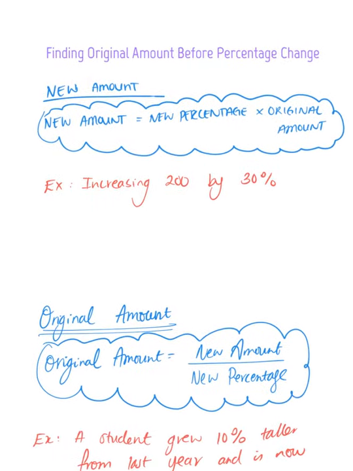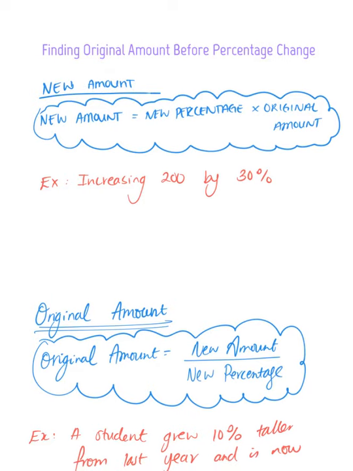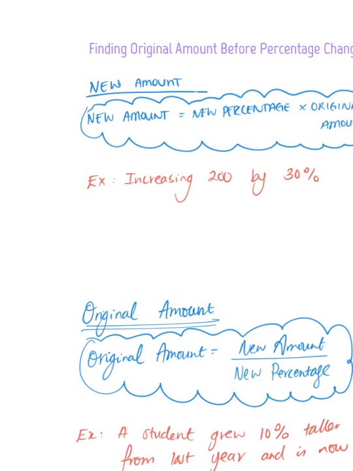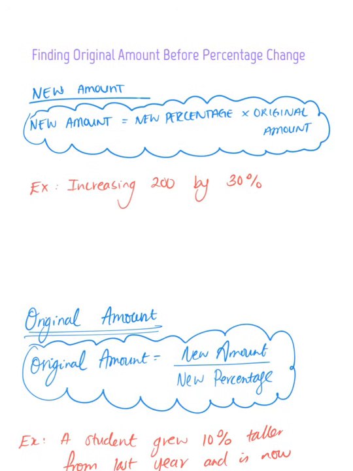And lastly, we're looking at finding the original amount before percentage change. So if we are asked to find the new amount, that is new percentage times by original amount. So over here we are increasing 200 by 30%.